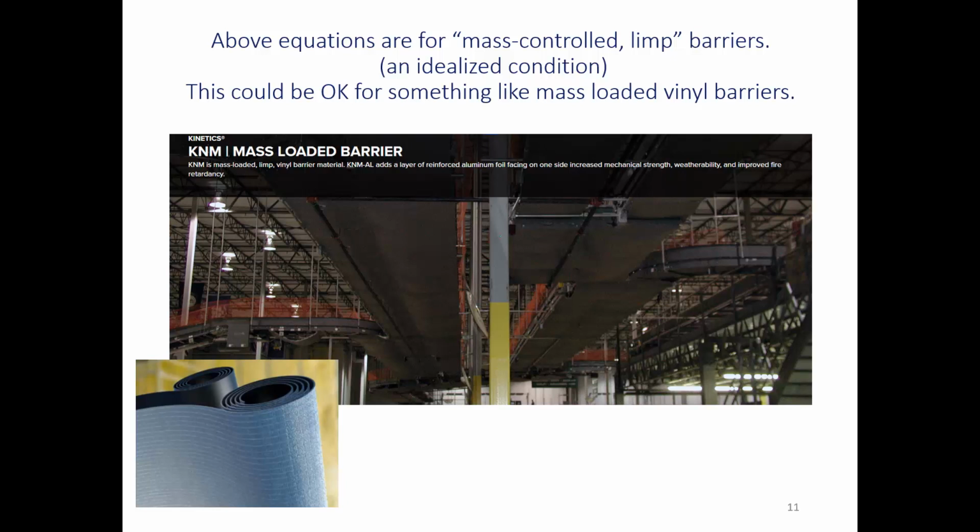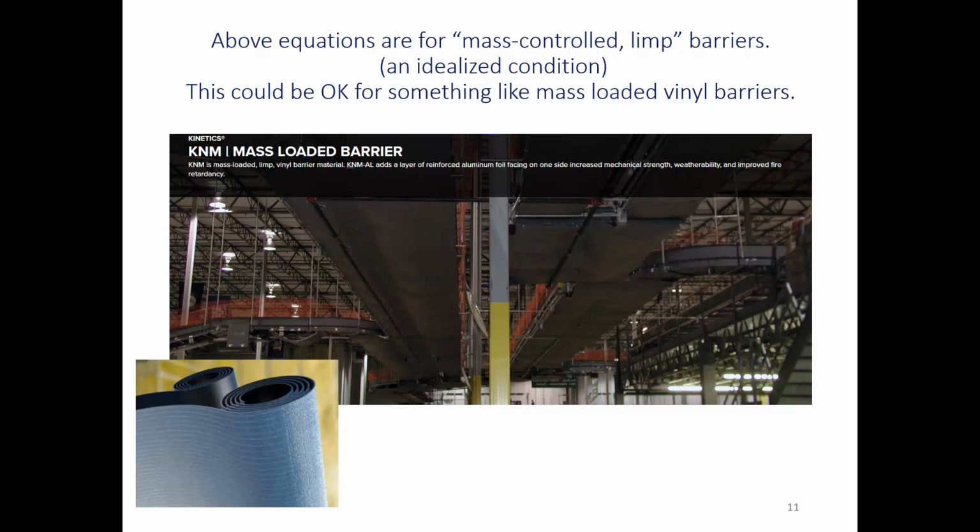I did want to say there are other factors that determine how much sound isolation we're going to get, but those relatively simple equations don't account for them. Those equations are for mass-controlled limp barriers, which is an idealized condition.